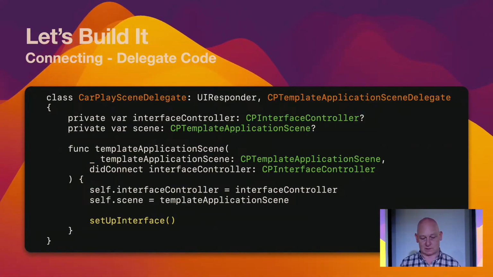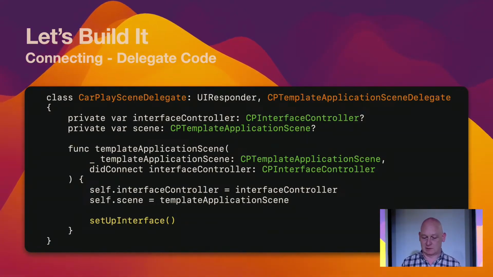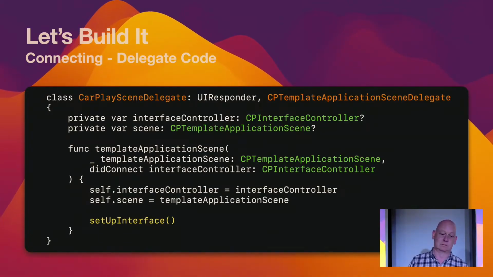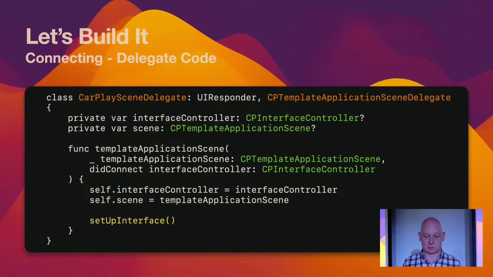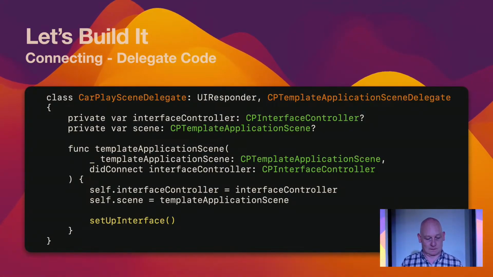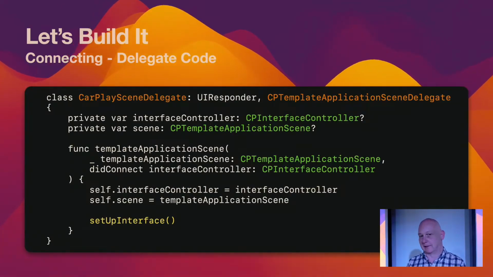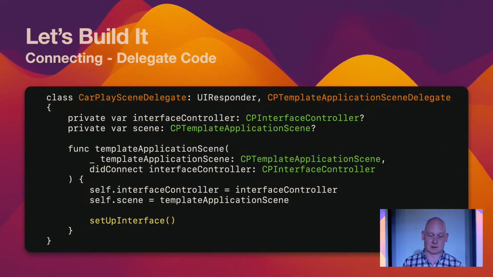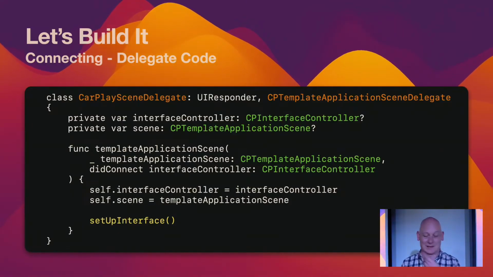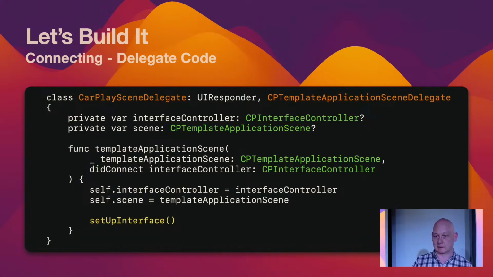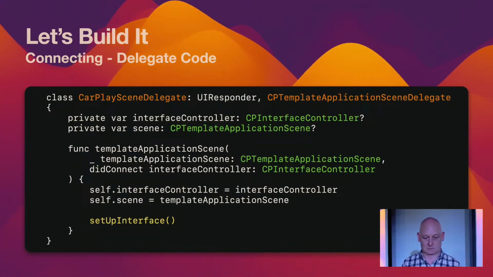It gives us 2 things, a template application scene and an interface controller. We store those in variables because we'll use those later. In the real app, I do a couple of other things here. I set up a service to vend data into this class, and I set up a timer to refresh that data every couple of minutes, but we don't need to worry about those.